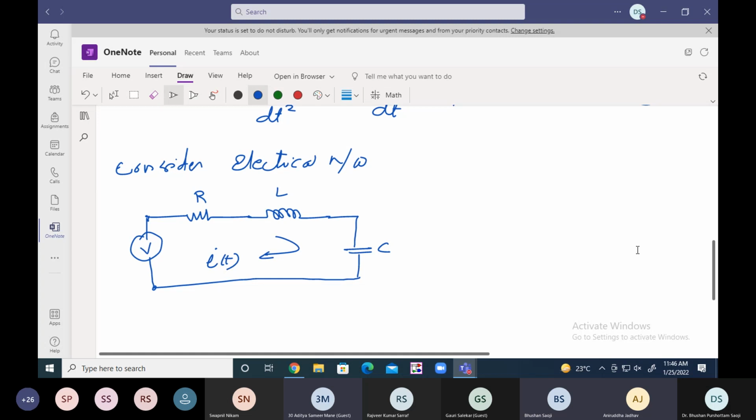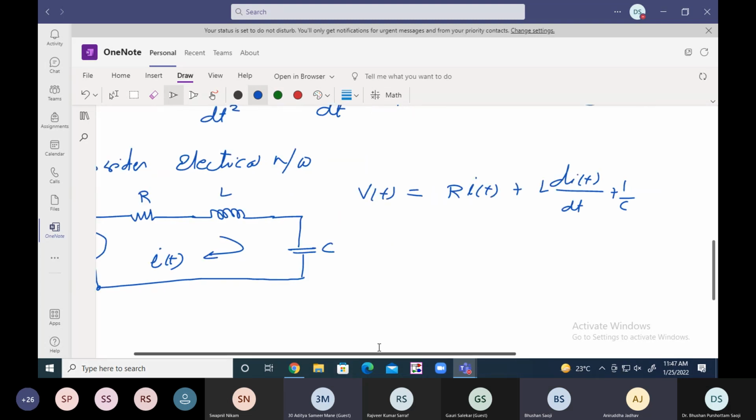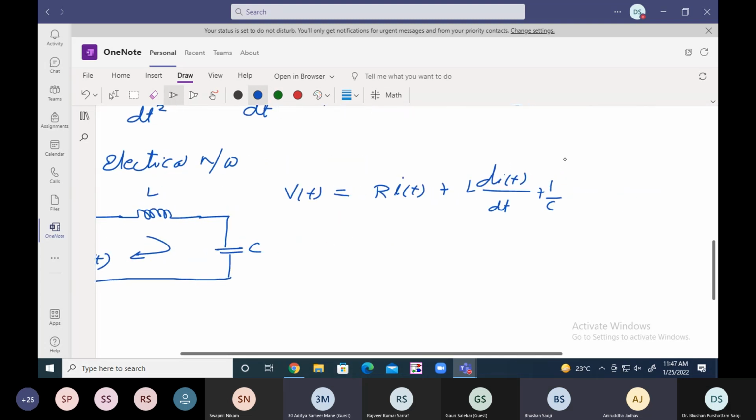From this we get V of t equals R into I of t plus L into di by dt plus 1 by C integration of I of t into dt.